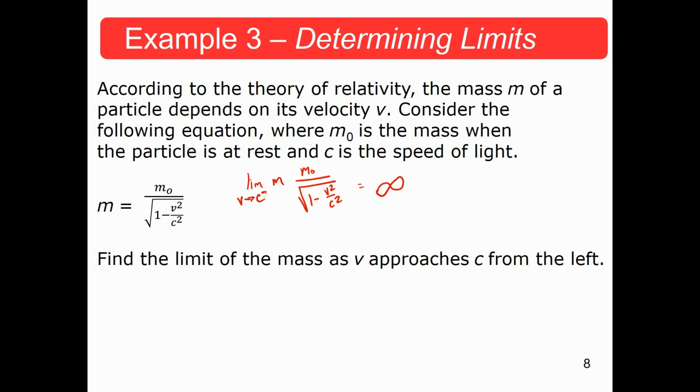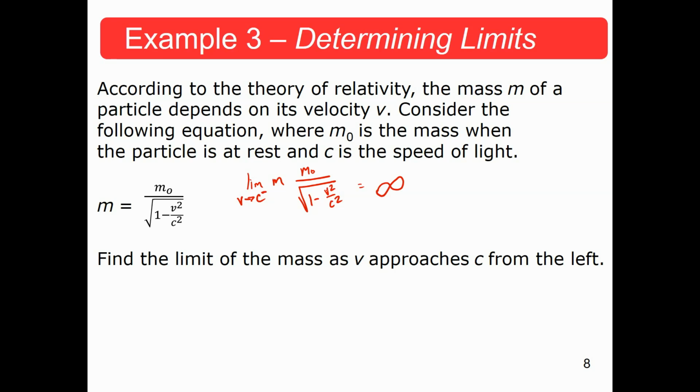Now, does it matter that this is coming from the left or the right? Whatever, it's still squared. This number is going to be a little bit smaller than c, but it's always going to be a positive number. We're always approaching 1, right?